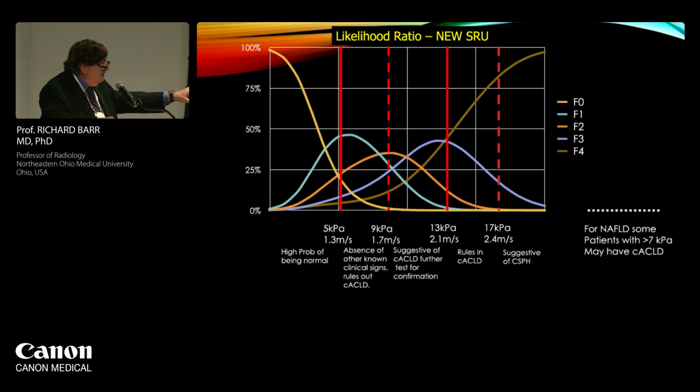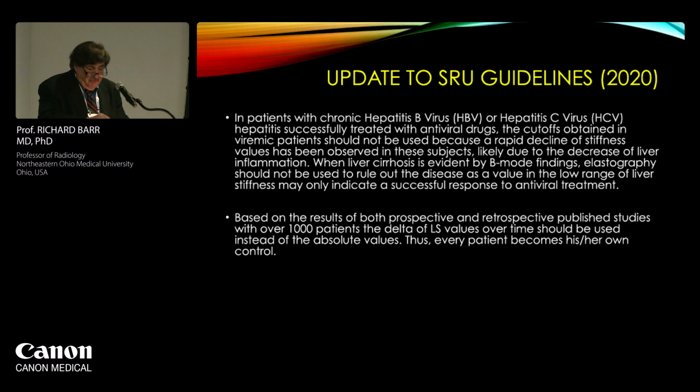And some papers even suggest as low as 7 kPa may be associated with NASH. So I like to say above 9 kPa, I dictate that NASH is highly probable. Between 7 and 9, I say NASH should be considered. And again, I'm hoping with more research and more papers, we'll be able to define that a little bit better. And we may need to take in some other factors to do that.